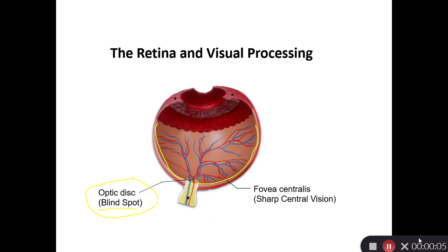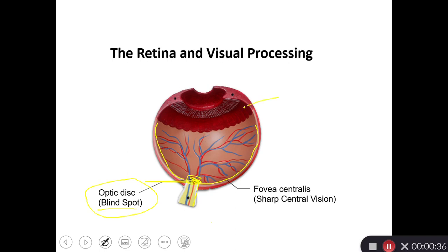Now with the third video of the vision physiology, and here we will go over the visual processes. There are two important spots on the retina of the eye. The optic disc, which is the starting point of the optic nerve, where the optic nerve fibers gather and go as the optic nerve, and this is the blind spot.